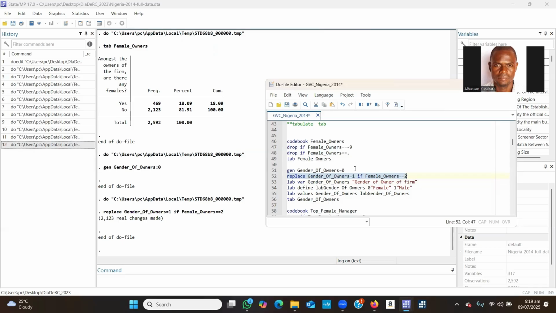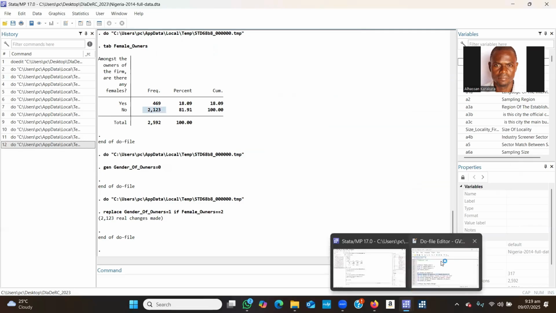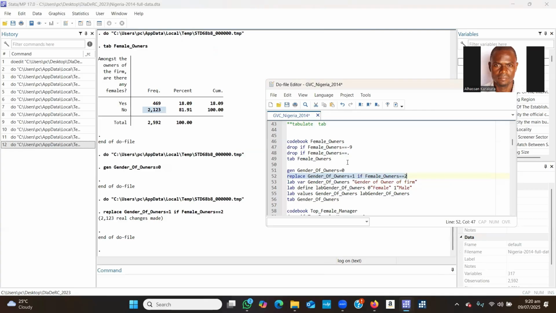Then when you run it, STATA will tell you that 2,123 real changes made. And that is the no, which is here. STATA is telling you that the group that have 2,123 have now been made real changes.